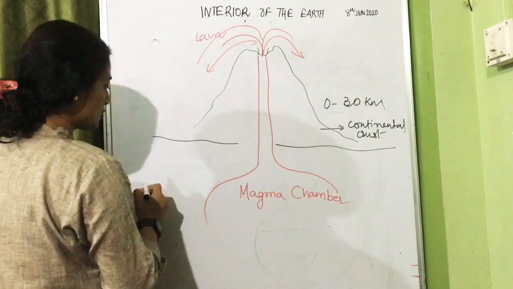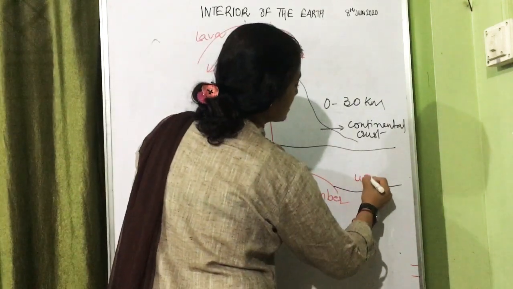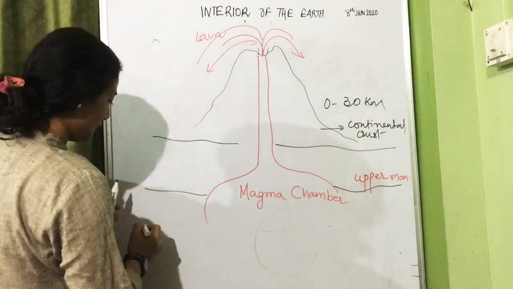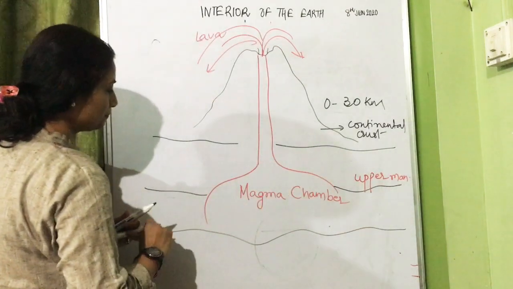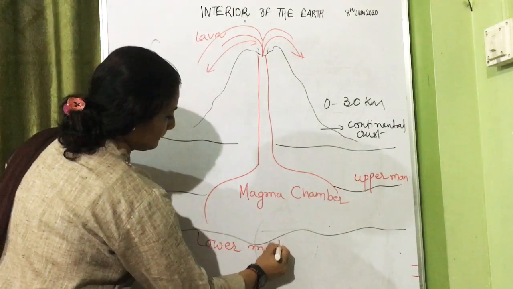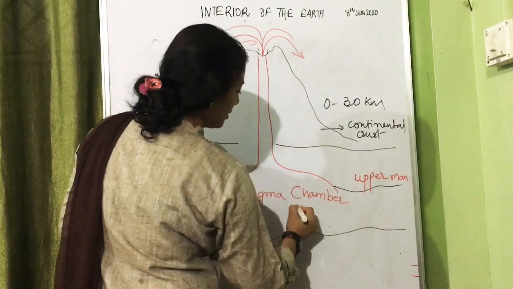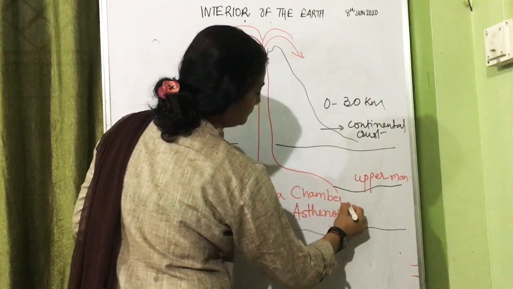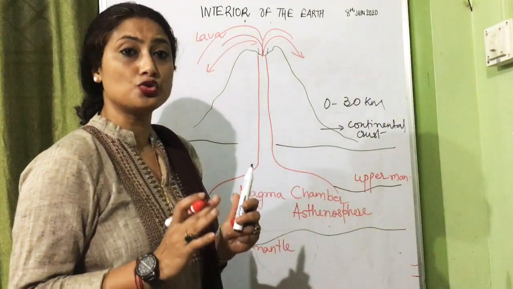And below the crust, we have a layer of upper mantle, because the mantle has been divided into two layers: upper mantle and lower mantle. Now this upper mantle layer, which is present over here, is also known as the asthenosphere. This is one of the very important layers for us to know. Why?